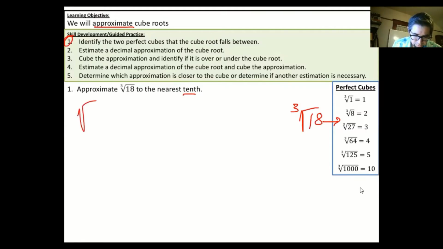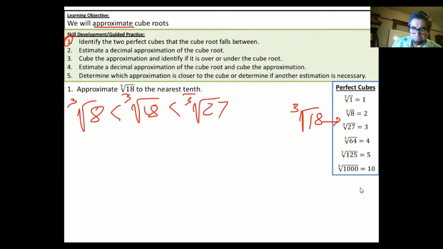The cube root of 8 is less than the cube root of 18, which is again less than the cube root of 27. Now, the reason why we need to find the perfect cubes that the cube root of 18 falls between is because we know those values.